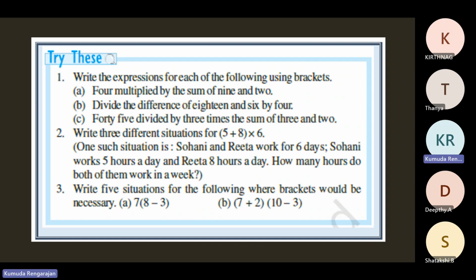No, see, when you say you buy 5 kgs of sugar a day, and your neighbor buys 8 kgs of sugar a day, then 5 plus 8 is 13 kgs of sugar a day. So into 6 will be how much you buy for 6 days, assuming that you buy every day. So you can just make that correction.